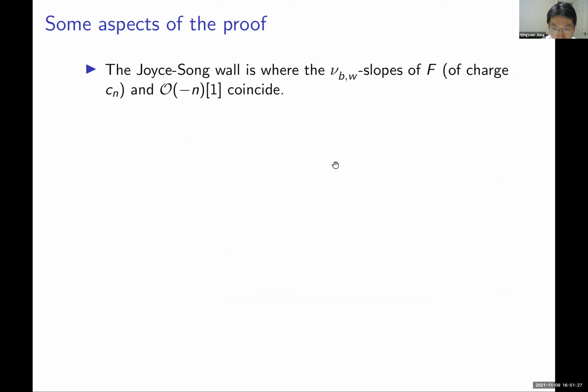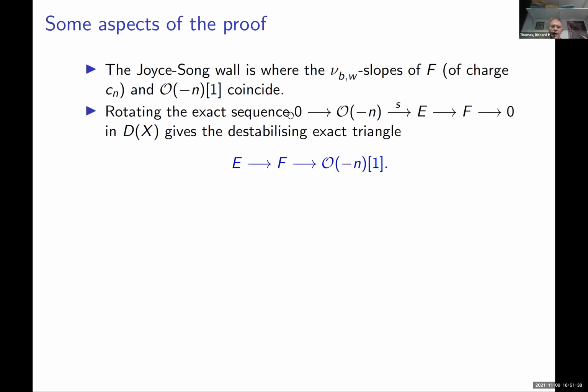So the Joyce-Song wall is where the slopes of the Cn or the F and this actually the shift of this O minus N line bundle are the same. And so what happens there is, you remember that exact sequence we had, rotating that in the derived category, we write this as an exact triangle.